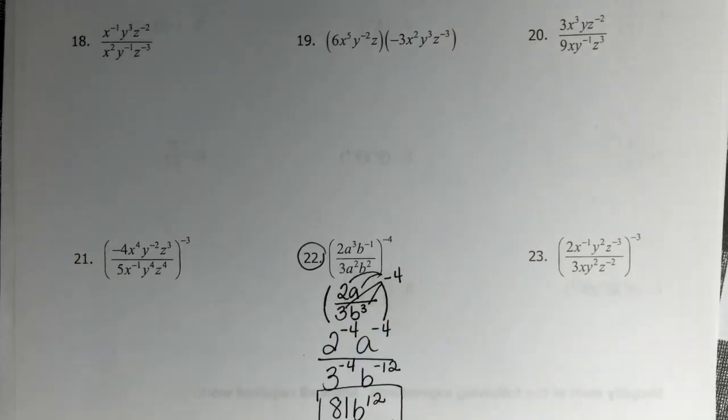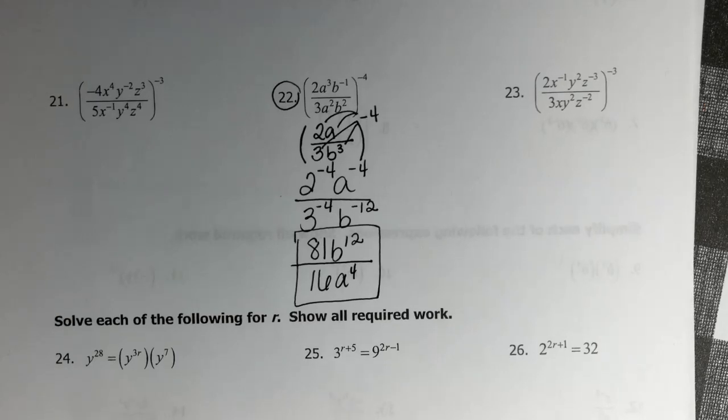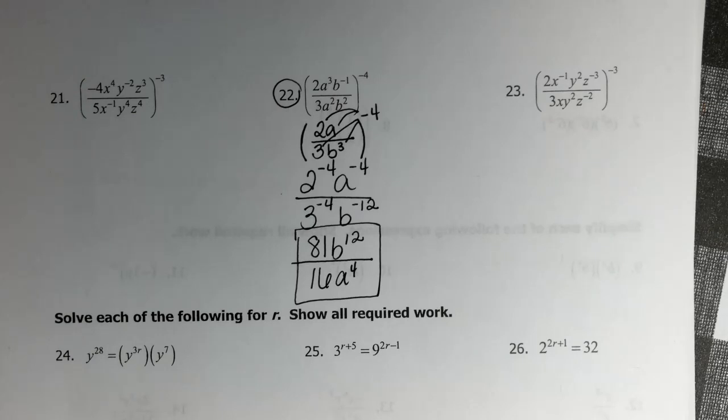How do we feel about that? Simplify it. 81, 16. It won't, I don't think. Did we get it right? Did we know how to do it? If you didn't get it right, did you just make a minor mistake?